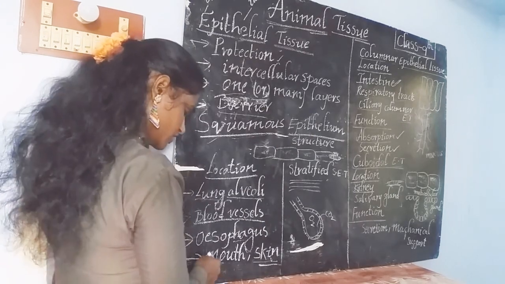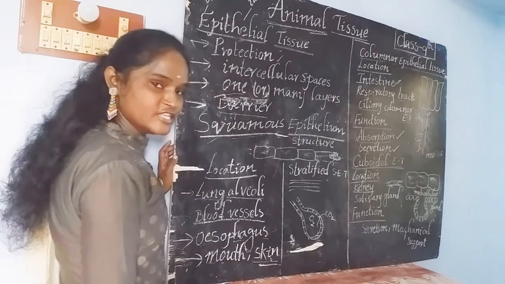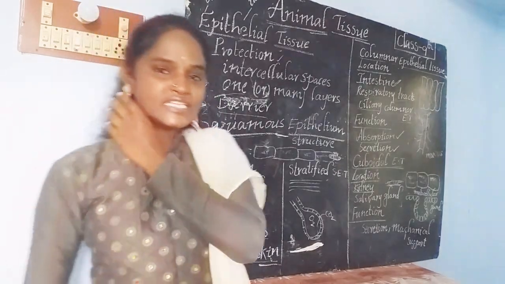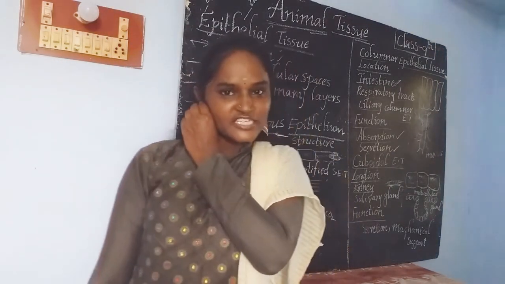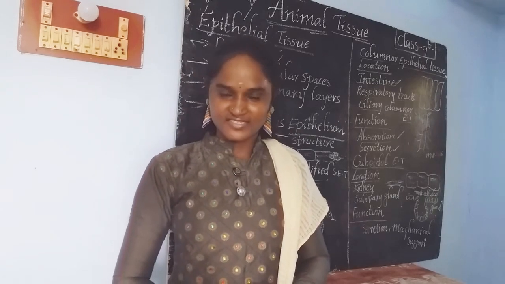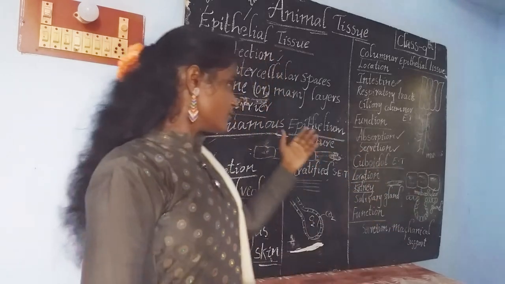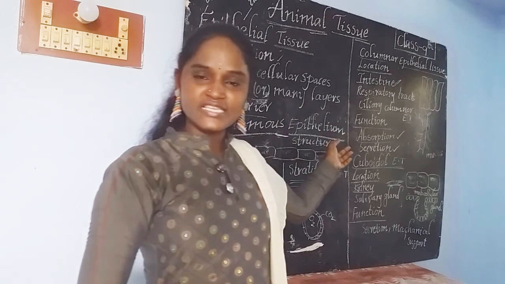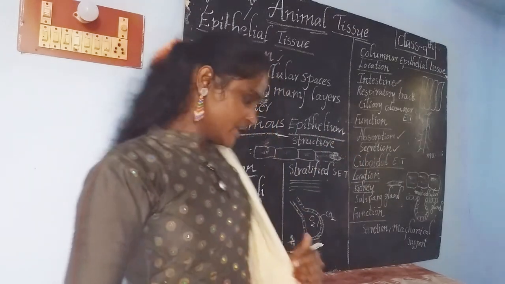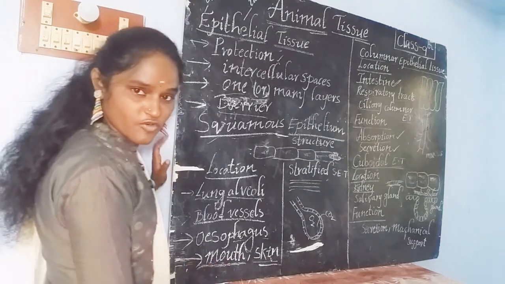If we talk about the next part, that is the esophagus. You have heard the word food pipe, right? Food pipe is also called esophagus. The esophagus is also lined with a layer of squamous epithelial tissue. And it is also present in the inner part of our mouth.